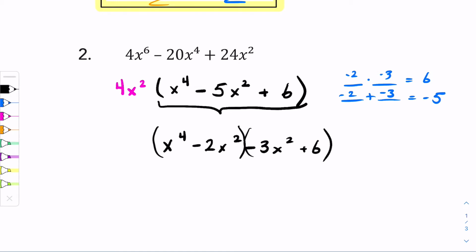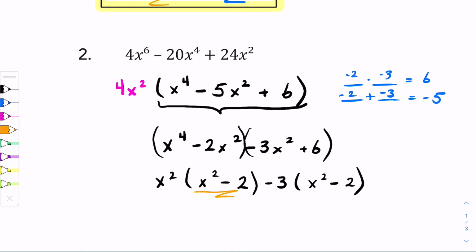Group your terms. GCF of the first group is x squared. Left is x squared minus 2. GCF of the second group is negative 3. Left over is x squared minus 2. Here's your common factor. Here's your GCF.